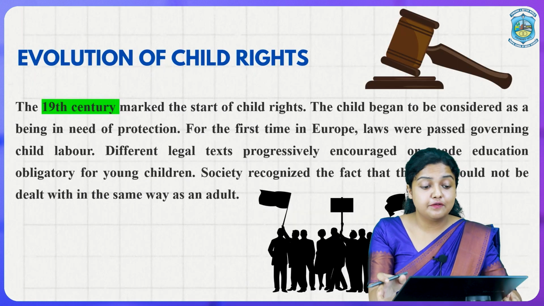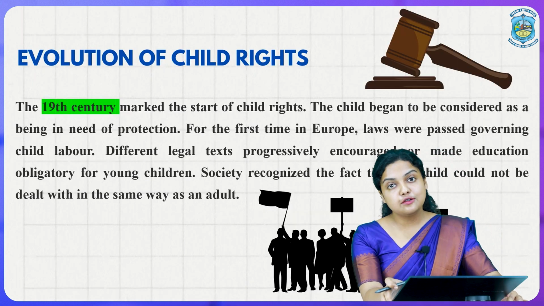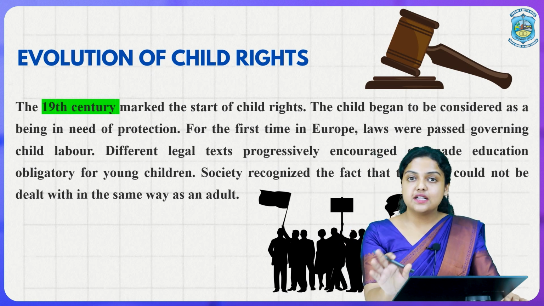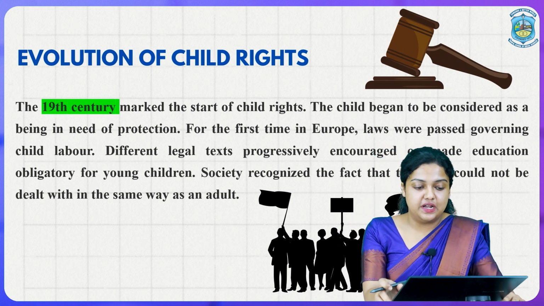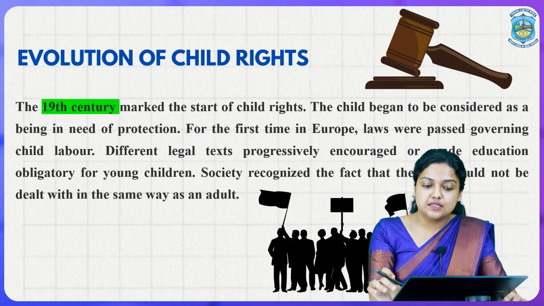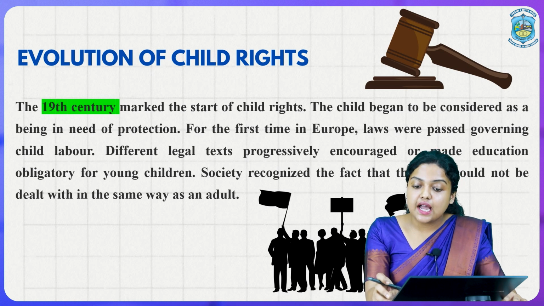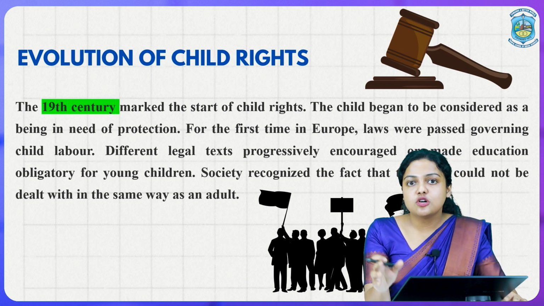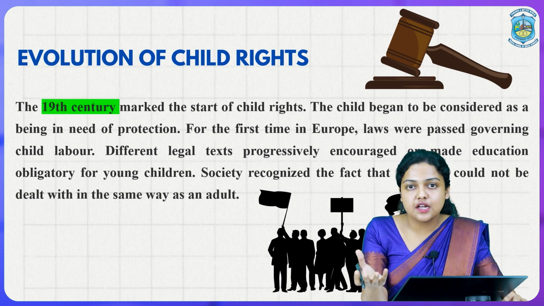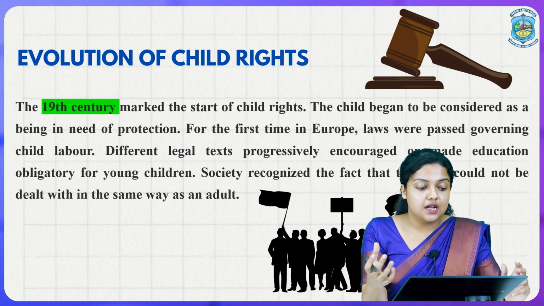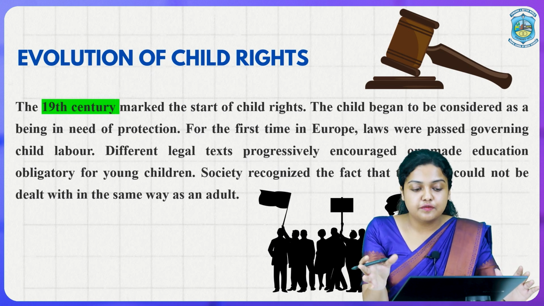Now, in the next slide we will look at the evolution of child rights. It started in the 19th century. The 19th century marked the start of child rights. The child began to be considered a being in need of protection because of all these cases. Day to day we are hearing of these cases, so the child was considered in need of protection.